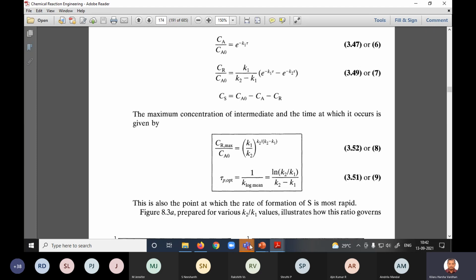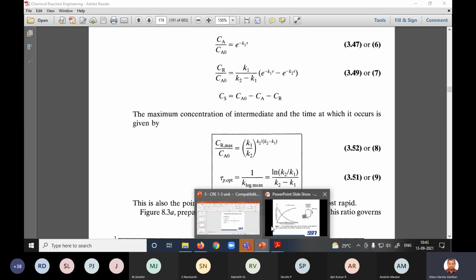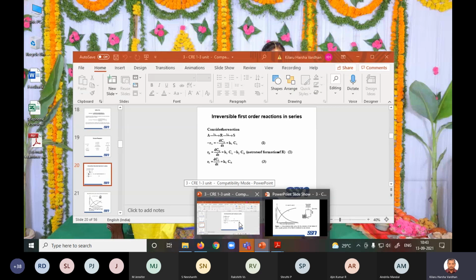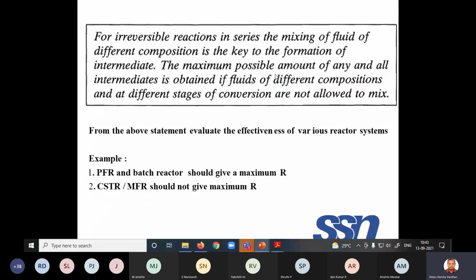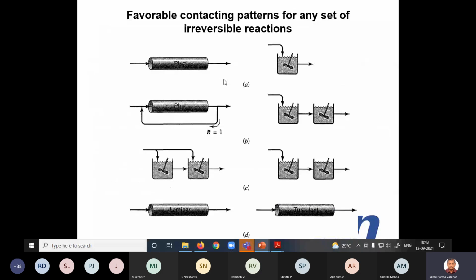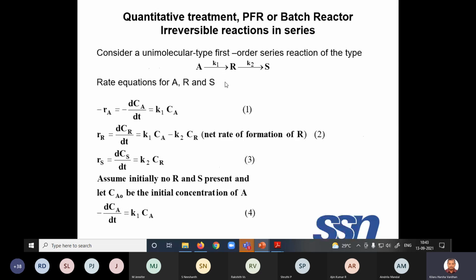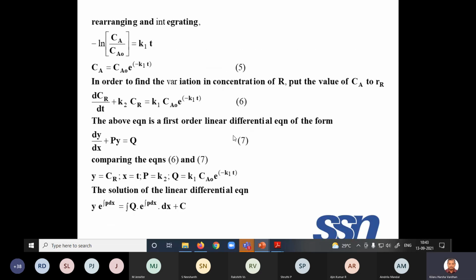Even in the PowerPoint presentations I might be showing you. So here it is important, right? The favorable contacting we will see in the next class, then the qualitative treatment we'll see in the next class. This derivation is very important. This is the derivation we already derived in the first unit.